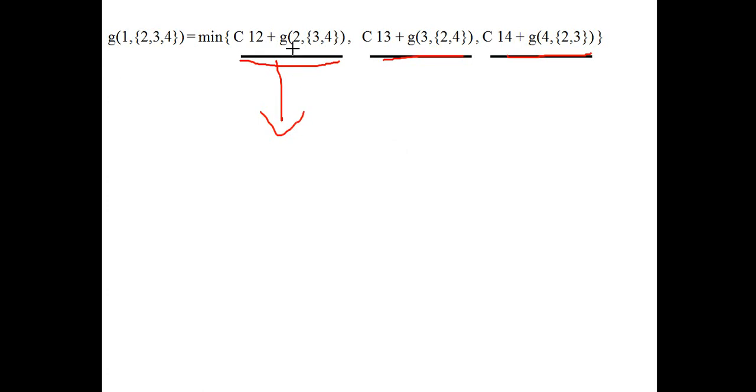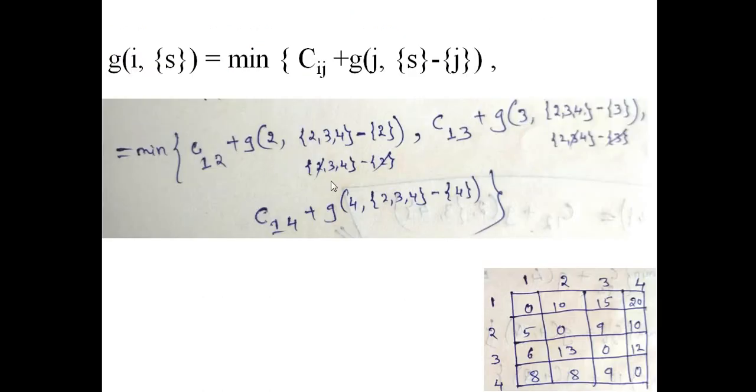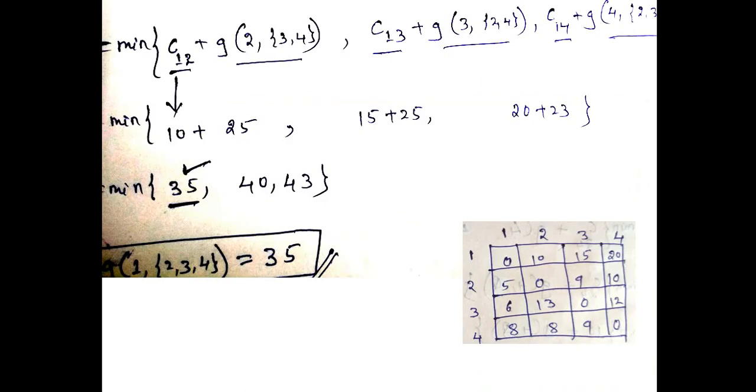Now consider this: G for 1 to 2, 1 to 3, 1 to 4. You have calculated the minimum paths, so how do we find these values? You have already calculated each of these parts in your previous slides. Just fill in those values and you will get the solution.